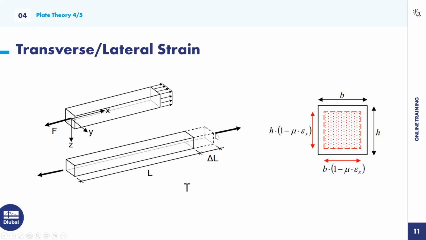We will have it pulled here as well as here, and it will deform by delta L. With this Poisson's ratio, we define how the section will shrink. The change in the length will come from somewhere, and with this Poisson's ratio, we define how much it will come from the other directions, so how much the impact of this longitudinal force is for the other direction.